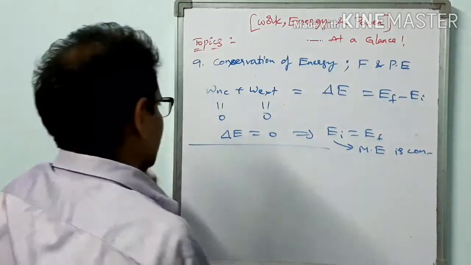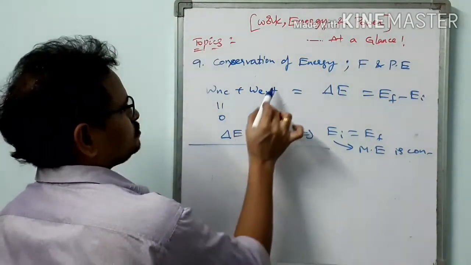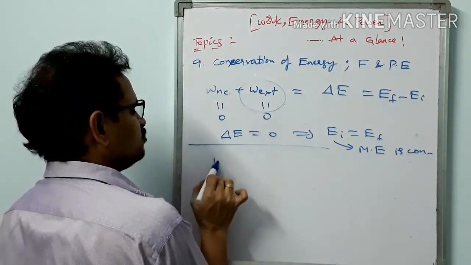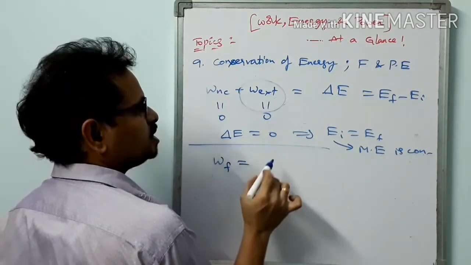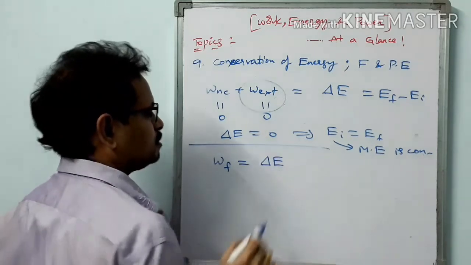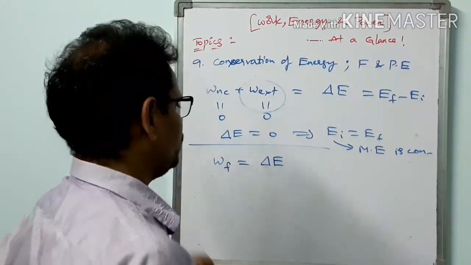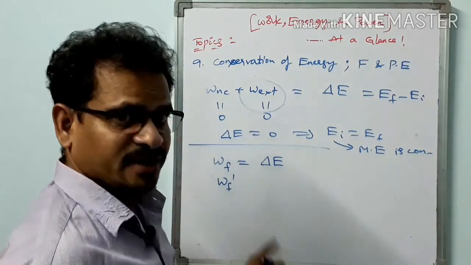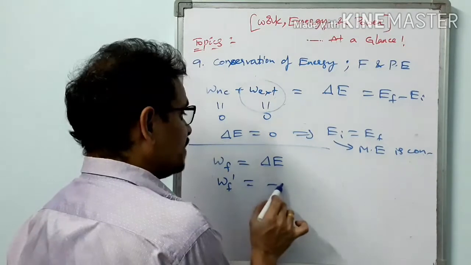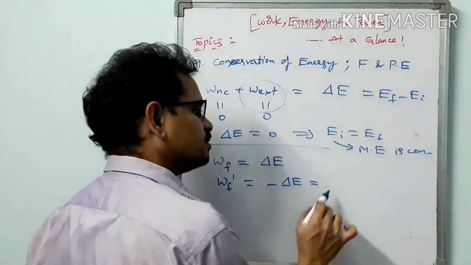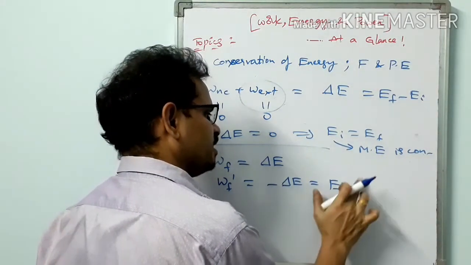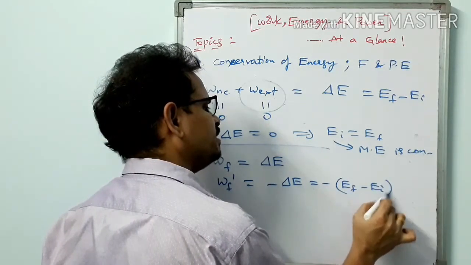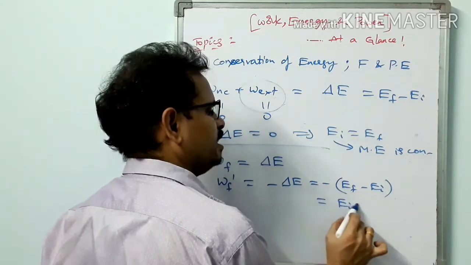Let us suppose that the external force is 0, but the non-conservative force is frictional force. Then the work done by frictional force is equal to delta E. And the work done against friction, WF dash, equals minus delta E. That equals minus of EF minus EI, that equals EI minus EF.